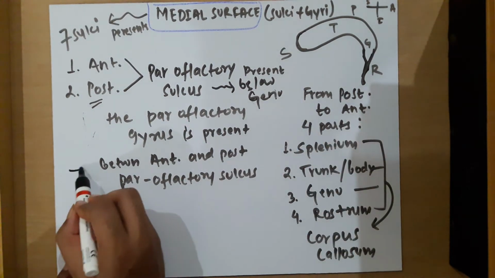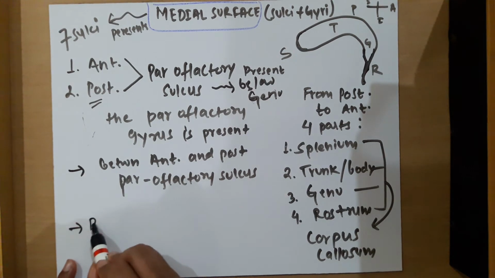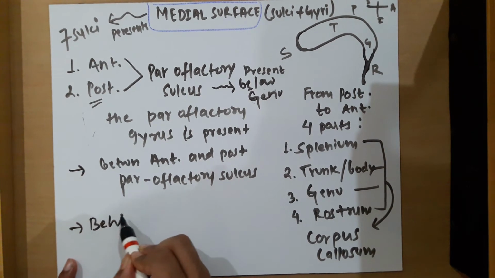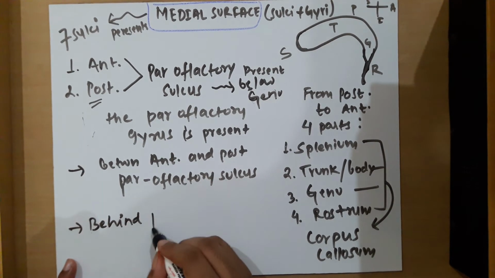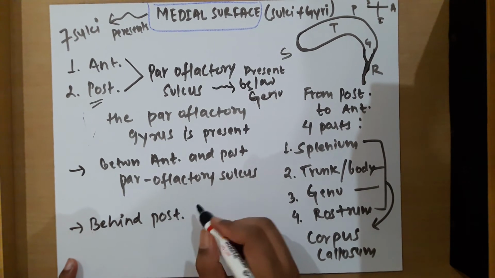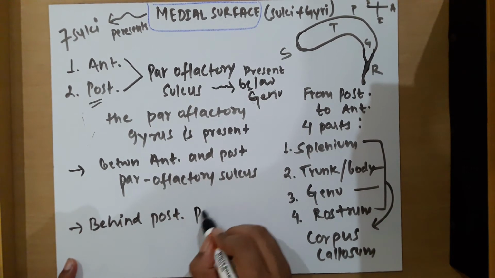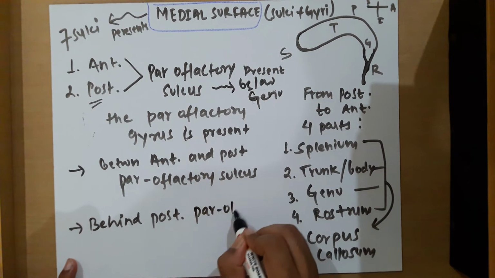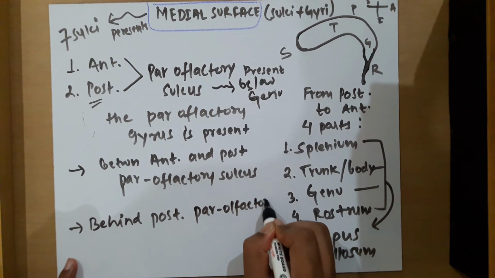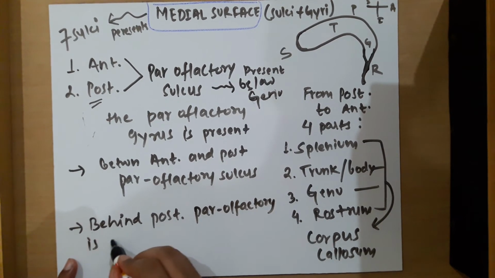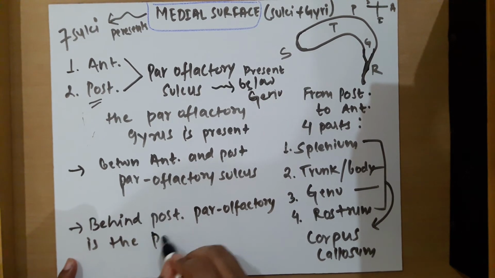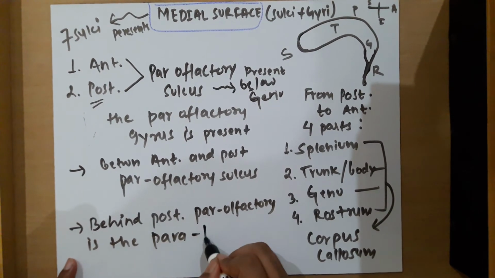The next point: behind the posterior para olfactory sulcus is the para terminal gyrus.